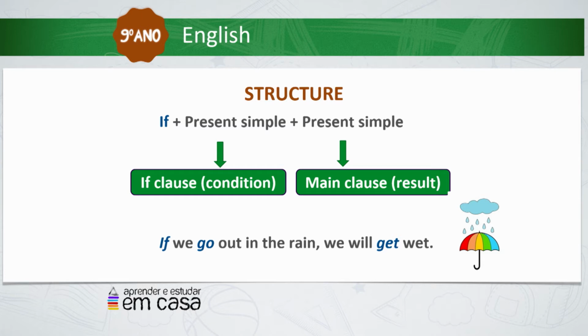We will get wet. Now remember, students, the if clause is the condition. If I go out in the rain, or if we go out in the rain. And what is going to happen if we go out in the rain? We will get wet. Now take note that the verb go in the first clause is in the present simple, and the verb get in the main clause, or the result, is also used in the present simple.